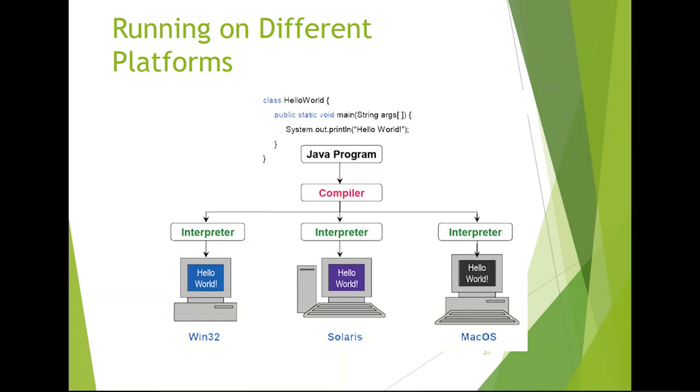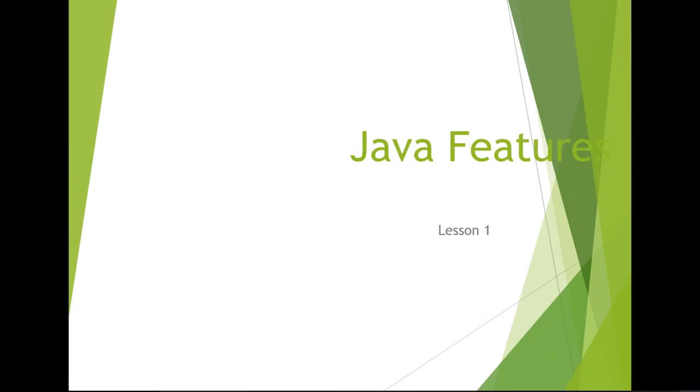Okay, so again, moving on, we have Java features. One of the best features is write once, run anywhere. Kaya nga kasi since platform independent siya, you don't have to rewrite your codes.